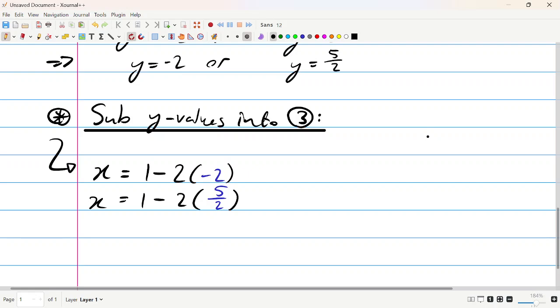So from here, if we evaluate, it's going to be 1 minus 2 multiplied by negative 2, which is negative 4, but negative 4 times negative is going to be positive 4, so it's going to be 5. Okay, so that's our x value. And then 1 minus 2 multiplied by 5 over 2, we notice the 2's will cancel, we're left with minus 5, so it's minus 4.